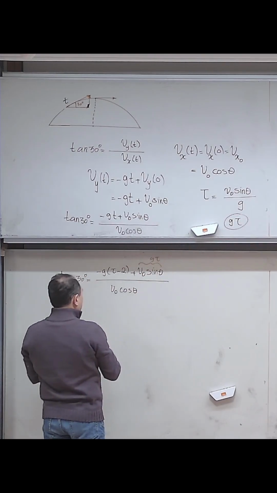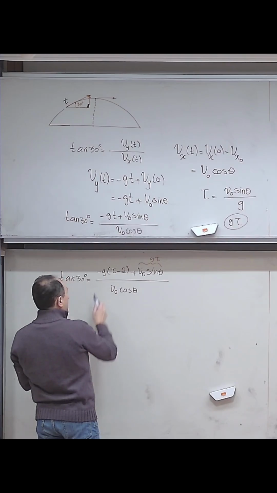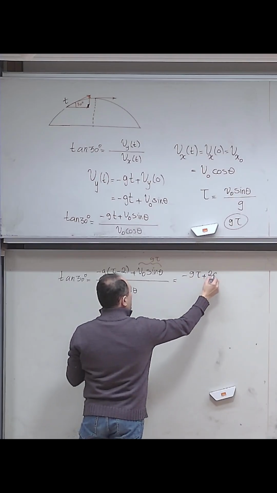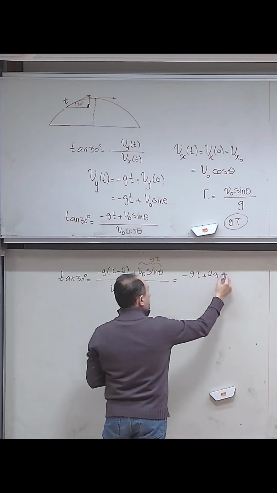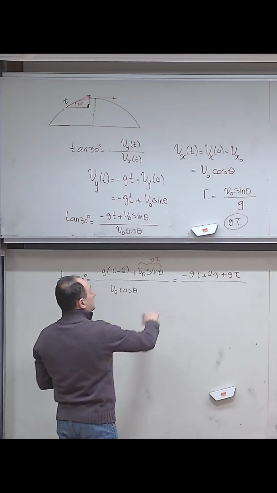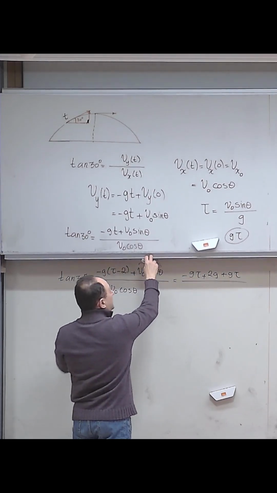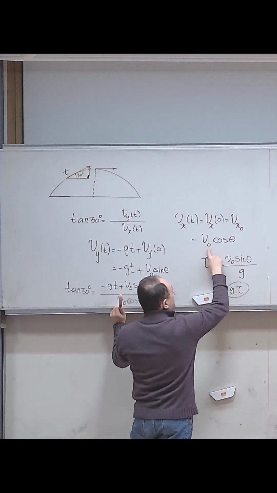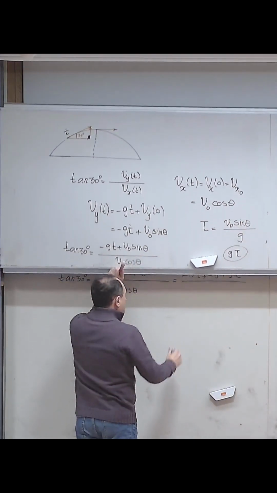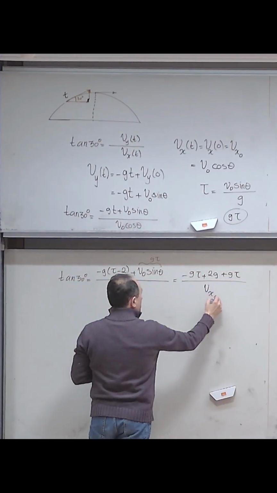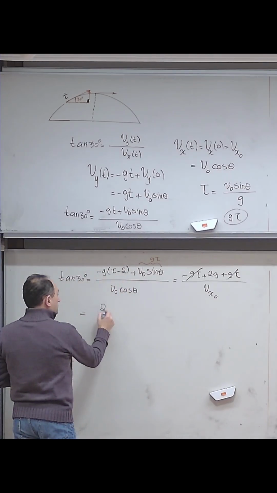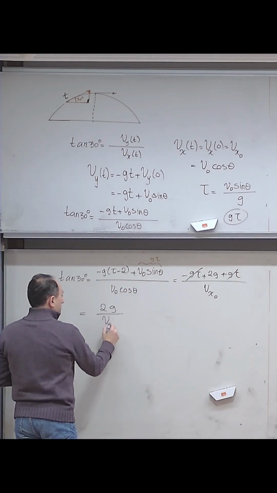And now if I multiply this in, it becomes minus g tau plus 2g, and then I have plus g tau, all divided by v naught cosine theta. But v naught cosine theta is the initial speed in the horizontal direction, so I can write vx naught. This one and that one are now gone, and I get 2g divided by vx naught.